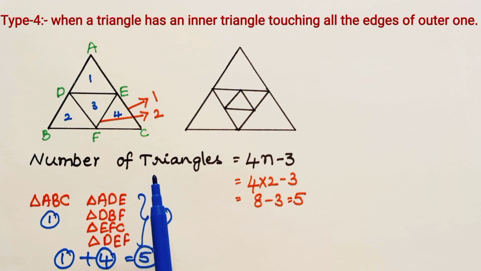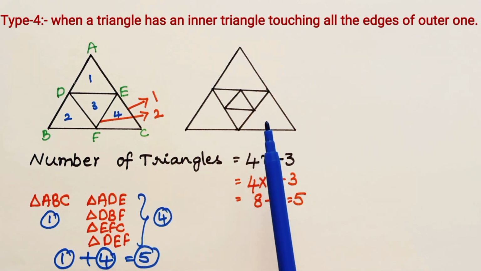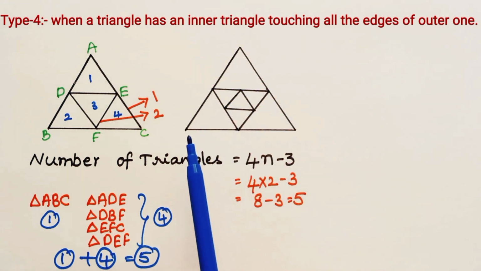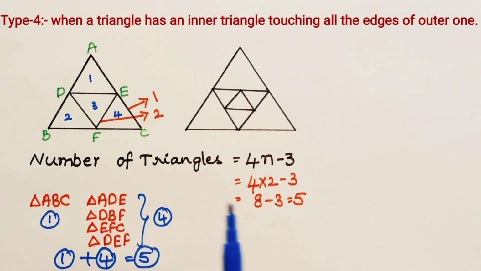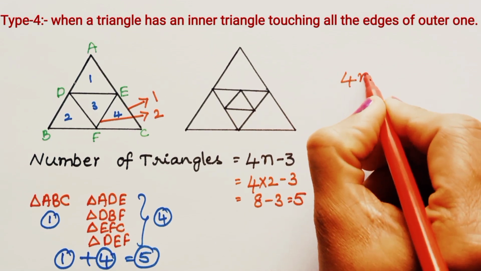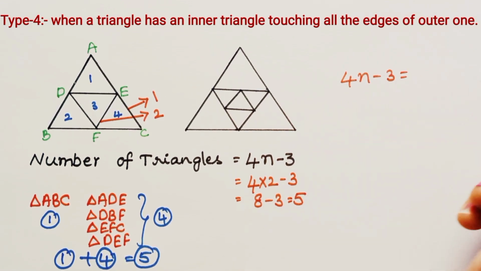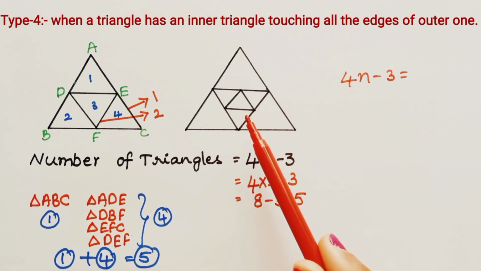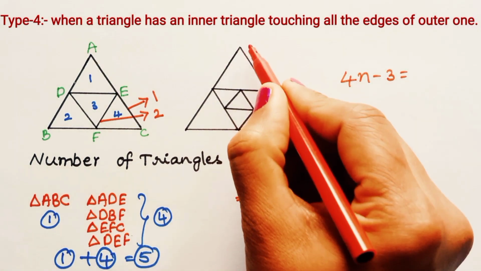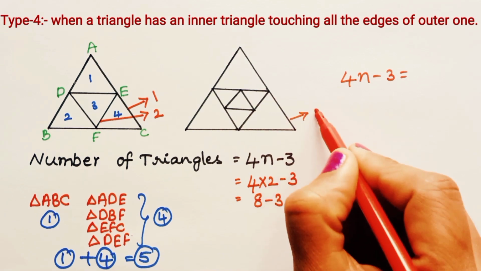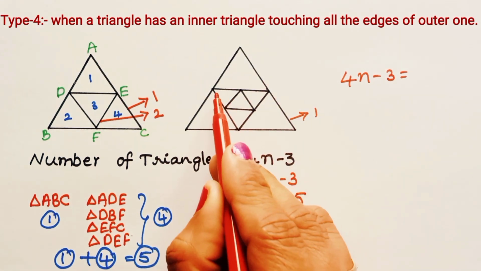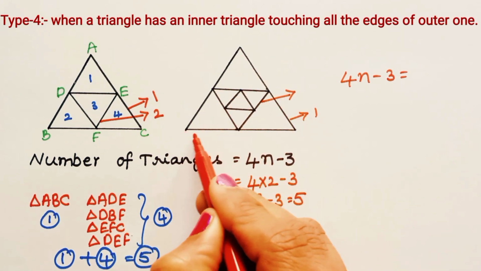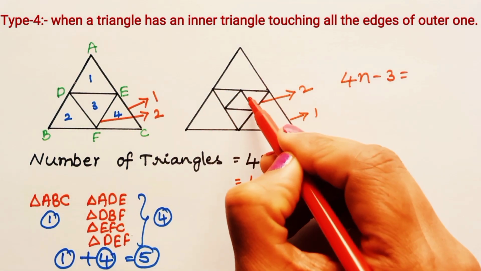Now we apply the same formula to the second figure also. Now let us calculate the number of hidden triangles present inside the figure by applying the same formula. 4n minus 3 is equal to how many number of triangles are present inside the figure? Let us count. The bigger triangle, this is 1, and there is one smaller triangle which is touching all the edges of the outer triangle 1.